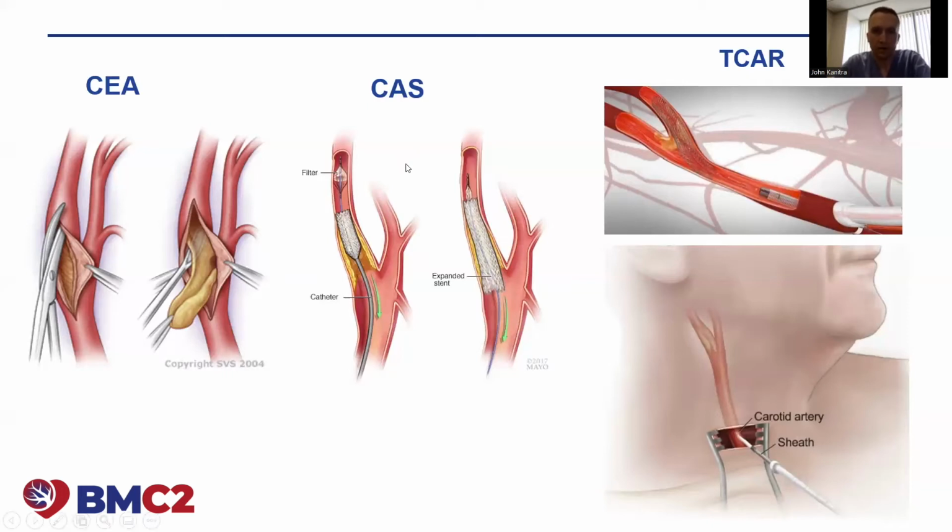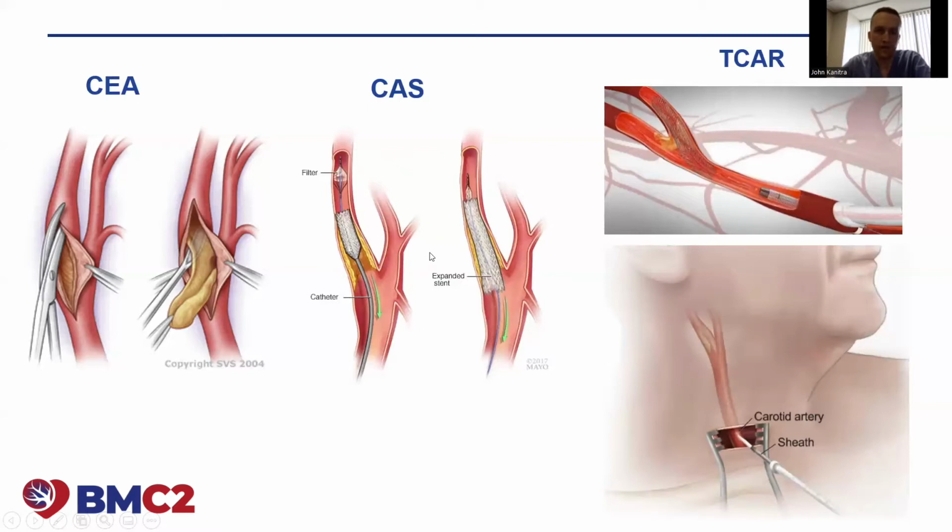A carotid artery stent is usually done from a transfemoral route. The interventionalist will access the femoral, usually the common femoral artery, and go up endovascularly and deploy a stent into your internal carotid artery and your common carotid. This is done in basically high-risk patients who, for whatever reason, have a contraindication to open surgery.